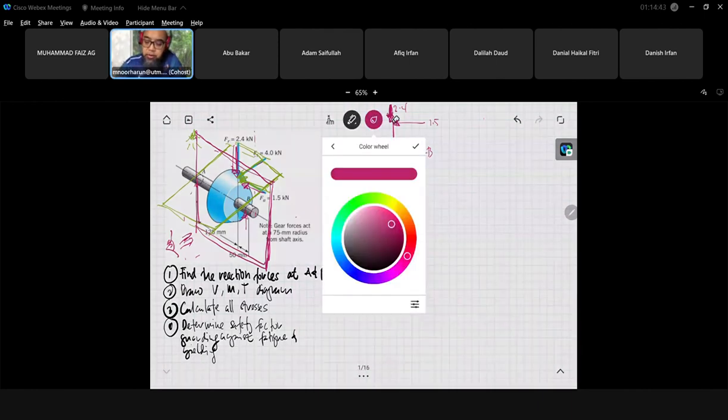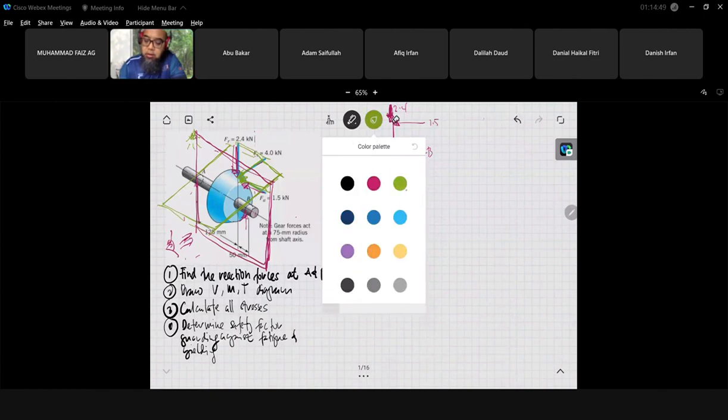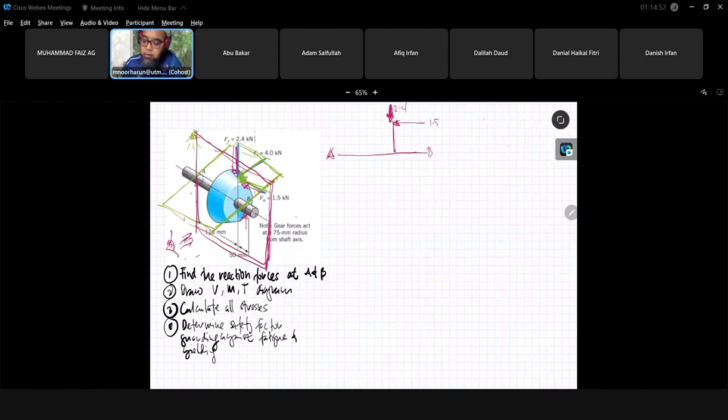So for the green one, for the green colors, we could see from above. We could see one is this point, and the other is this direction.